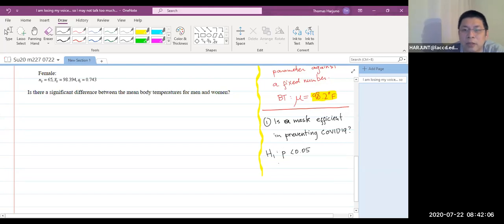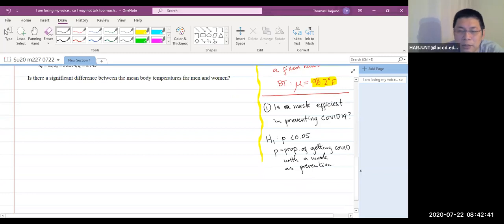That's where the P is the proportion of getting COVID with mask as prevention. I make up numbers, okay?